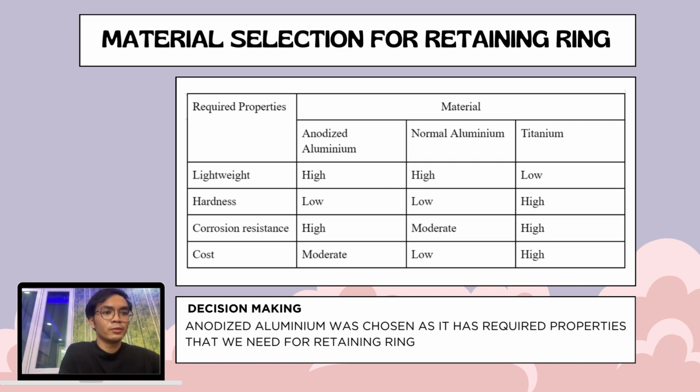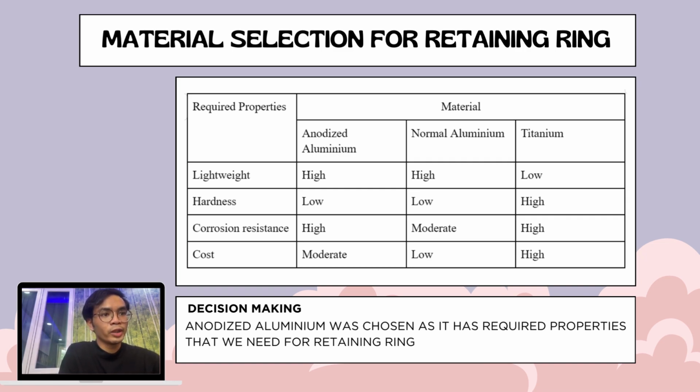Normal aluminum has high lightweight, also low hardness, but moderate corrosion resistance and low cost. Titanium has low lightweight, which is a bit heavy, and high hardness, corrosion resistance, and cost.